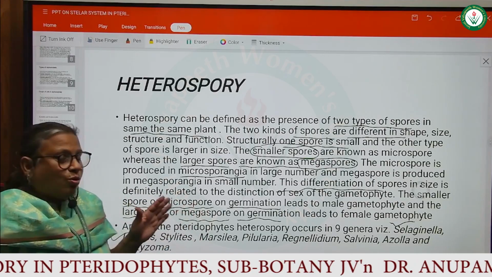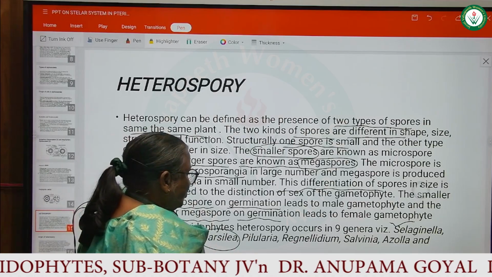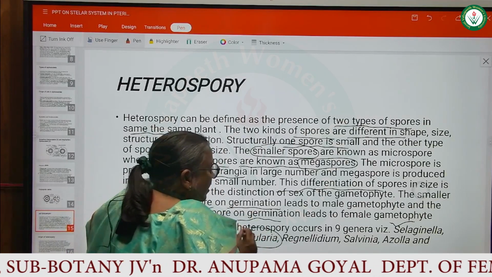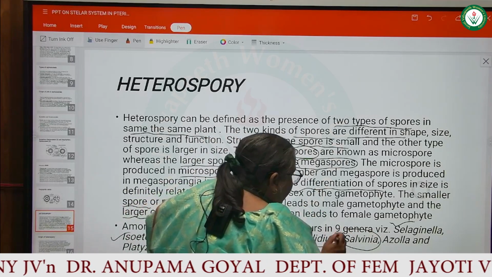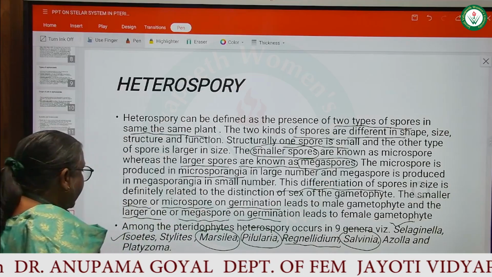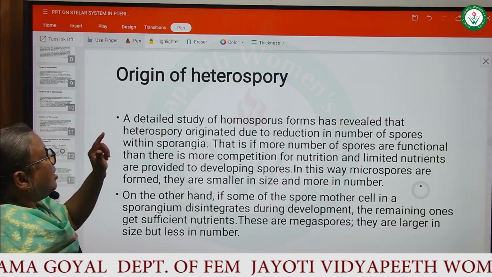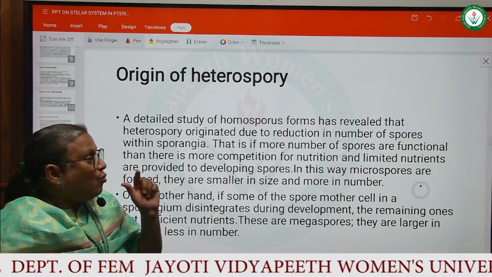In this also heterospory can be seen, and heterospory is also found in Pilularia and in Salvinia, in Regnellidium, Azolla and Platyzoma. Now I talk about the origin of heterospory in pteridophytes.